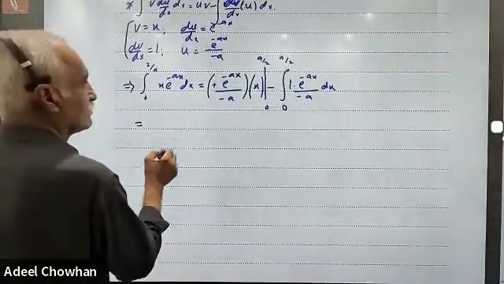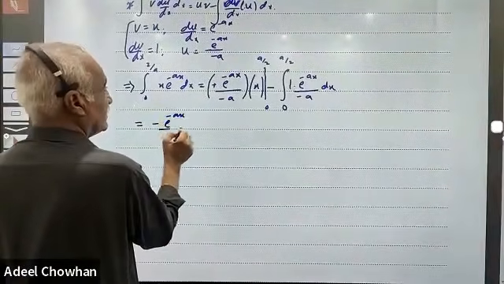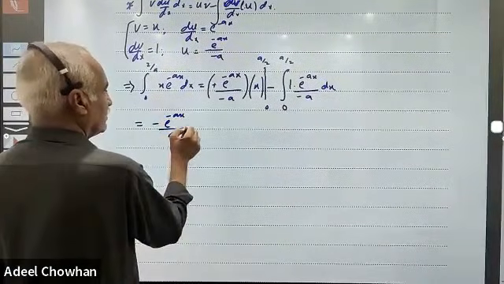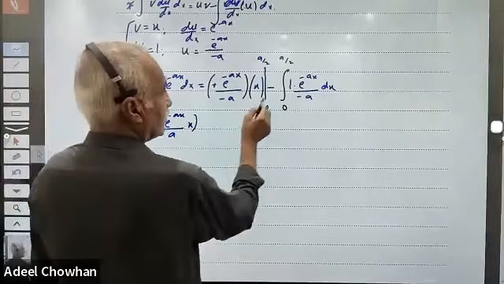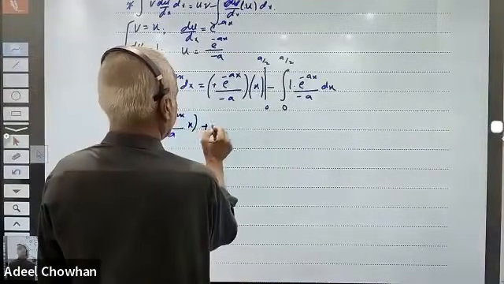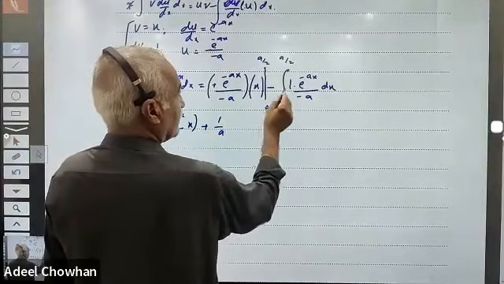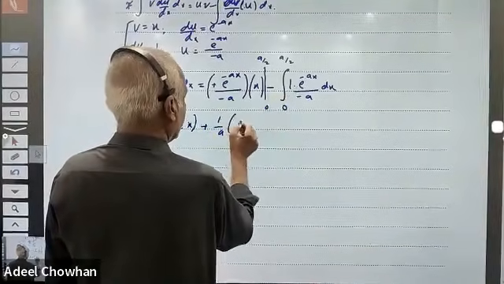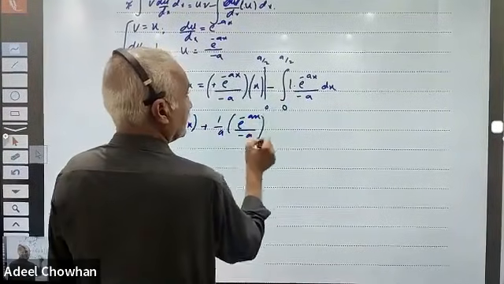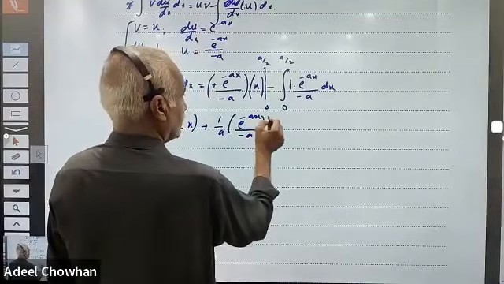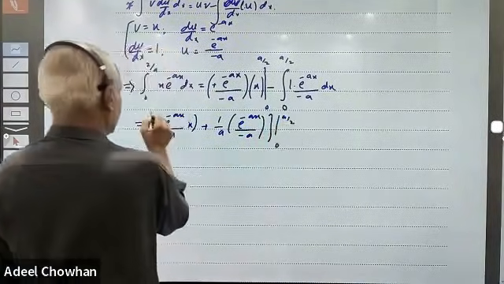Which is equal to -e^(-ax)/a into x, this minus and this minus become plus, 1/a, and the integration of e^(-ax) is e^(-ax)/(-a), and the whole limit is 0 to 2/a.